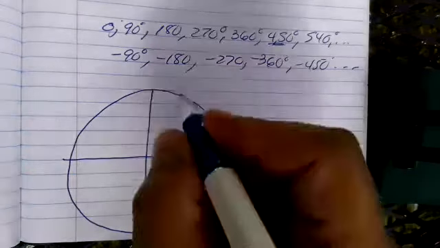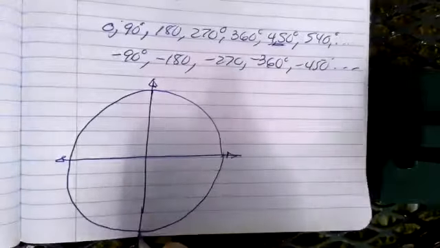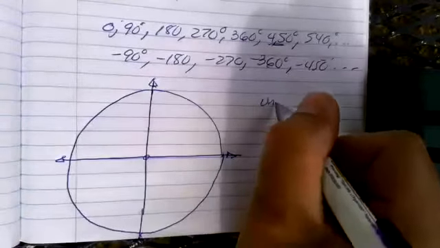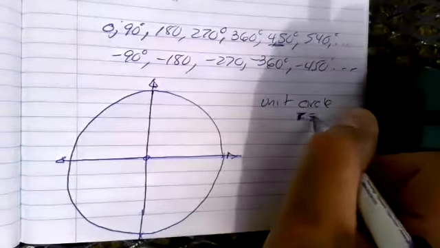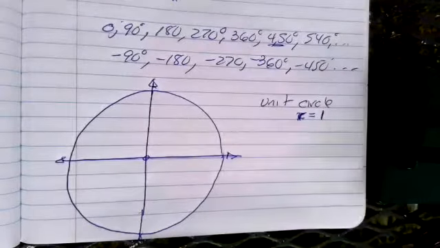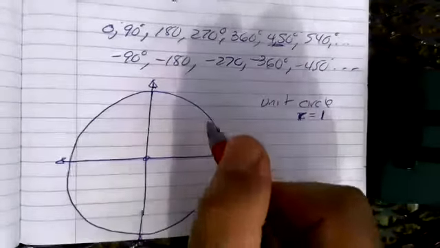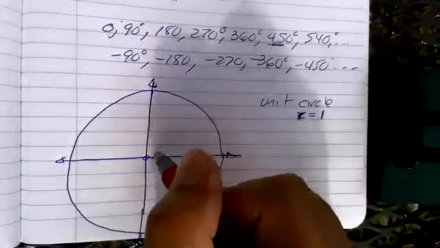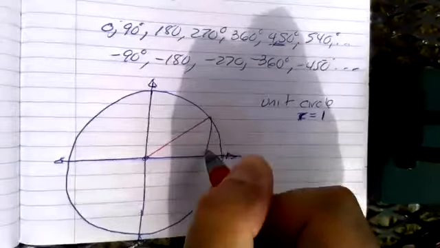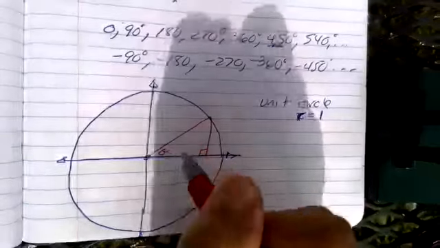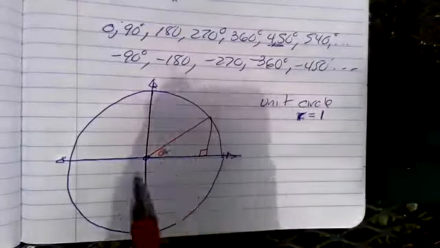I don't have enough room here, but let's look at a unit circle. Right? We said a unit circle has a radius equal to 1. And we've worked with angles in this section, actually. We've discussed these right triangles, and when we discuss them, we call them opposite and adjacent and hypotenuse.